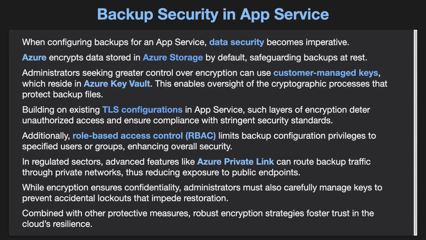In regulated sectors, advanced features like Azure Private Link can route backup traffic through private networks, thus reducing exposure to public endpoints. While encryption ensures confidentiality, administrators must also carefully manage keys to prevent accidental lockouts that impede restoration. Combined with other protective measures, robust encryption strategies foster trust in the cloud's resilience.